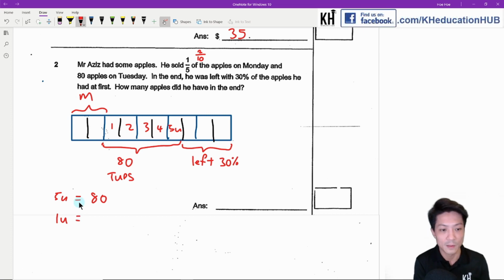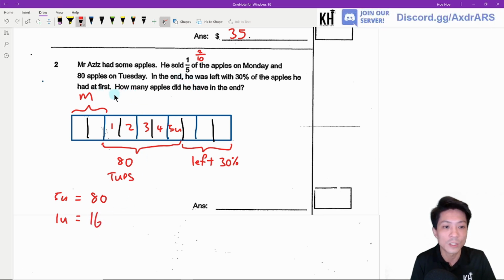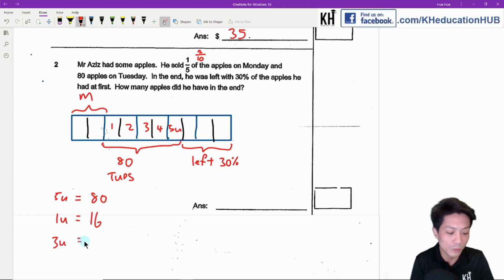Find out what is 1 unit. 80 divided by 5 will give you 16. Okay, the question is asking you to find how many apples did he have in the end. Since he's left with 3 units, 16 times 3 will give you 48.